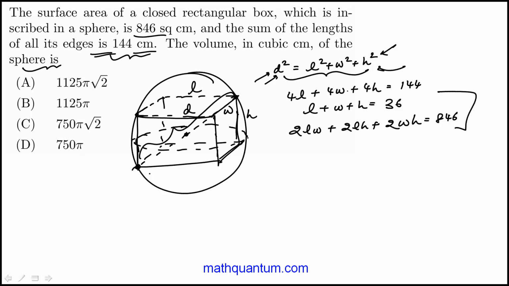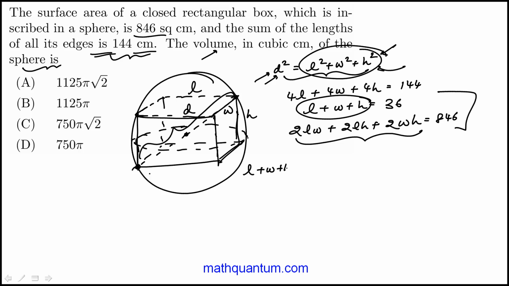I need to get to D somehow because that's related to the volume. The key thing you have to notice is the link between this, this, and this. And that link comes from (L plus W plus H) squared. Some of you might already know it. I also sometimes forget, so sometimes I'll just do it quickly. So that's what it turns out.